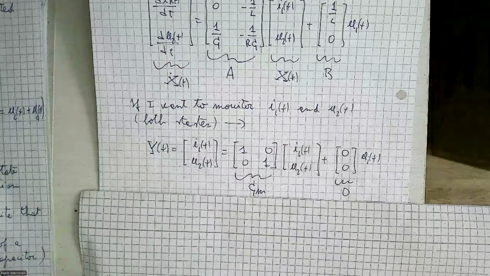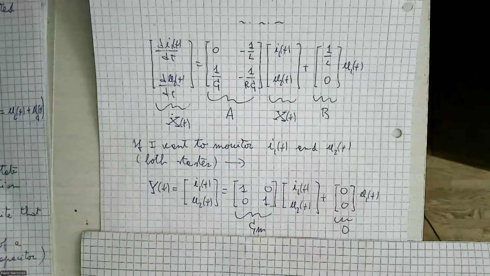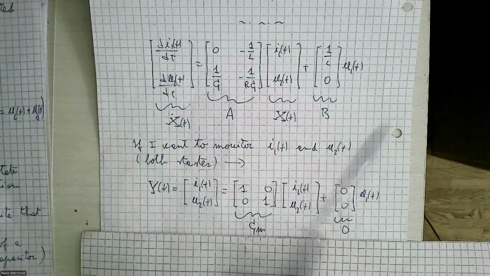Again, the system. And again, A and B do not change. Once the system is given, the dynamics is the structural way, the behavior of the system. Here is the output, in this case the two states.